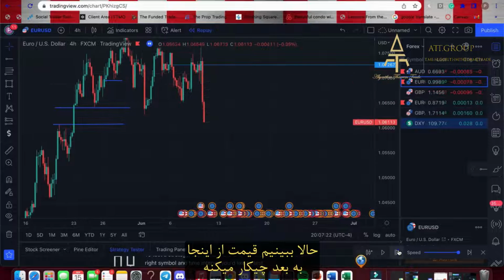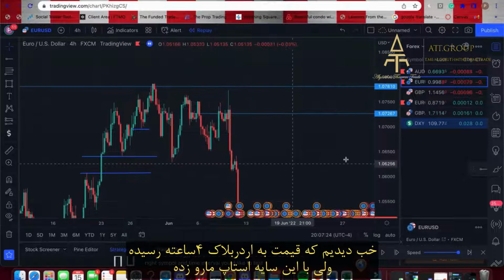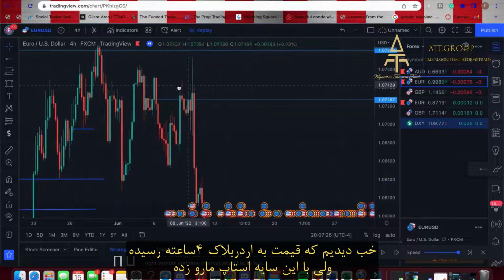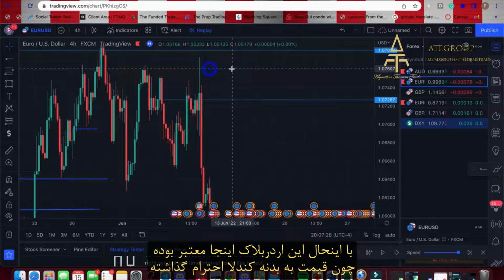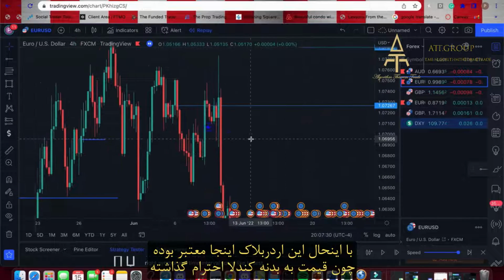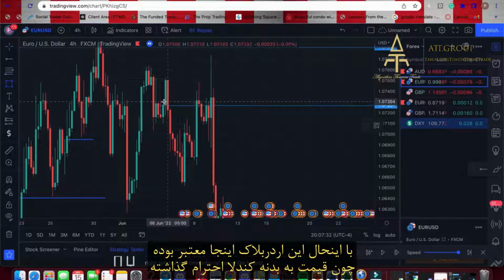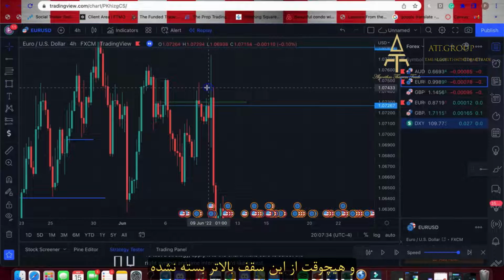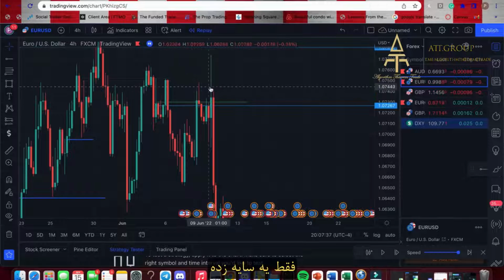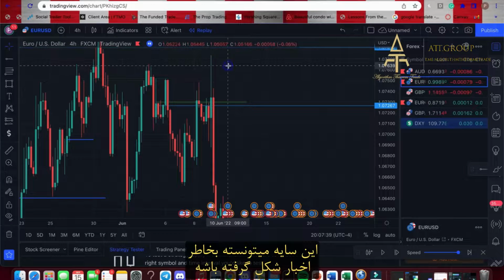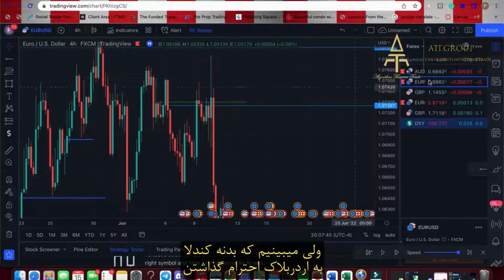Oh, price came. Okay, so we saw that price did come to the 4-hour order block, but it wicked us out. However, this order block to me was valid because all the bodies were respected. It never went over the high. It's just that the wicks wicked it out, and this wick could possibly be due to news or anything as such, but we see that the bodies did respect this order block.